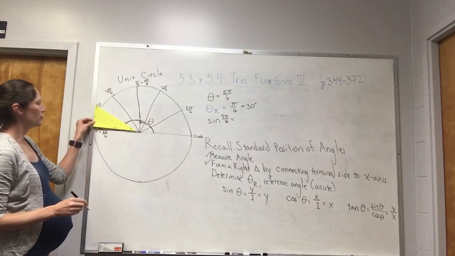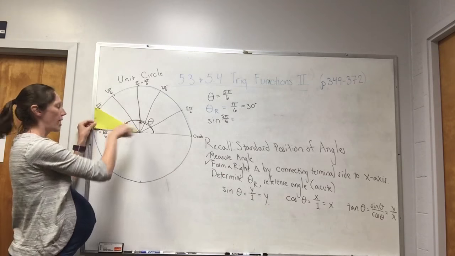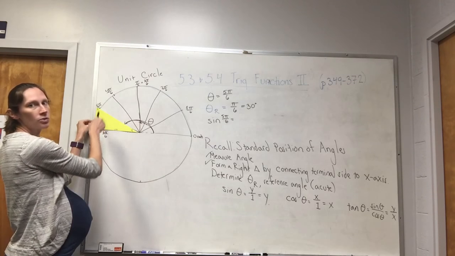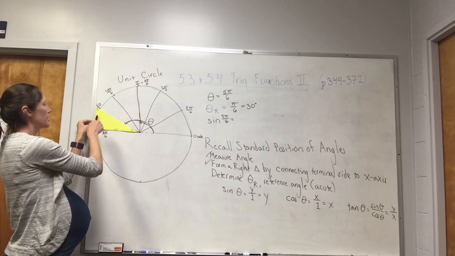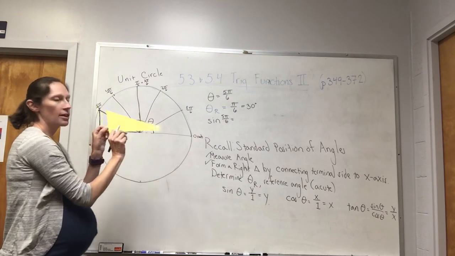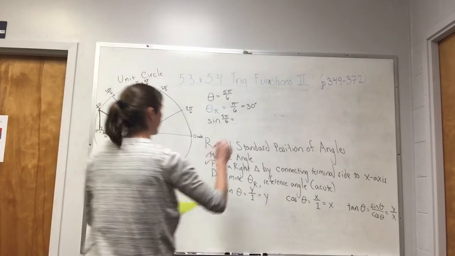Okay, well, sine of 5 pi over 6 is the y amount of my triangle here. Y amount is the up-down. I can also use SOHCAHTOA if that's helpful, but y amounts are vertical. That's labeled as this distance of a half. You might have trouble seeing that from that far away, but the up-down amount is a half.